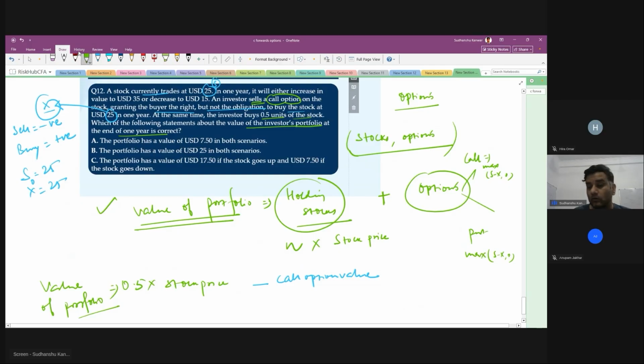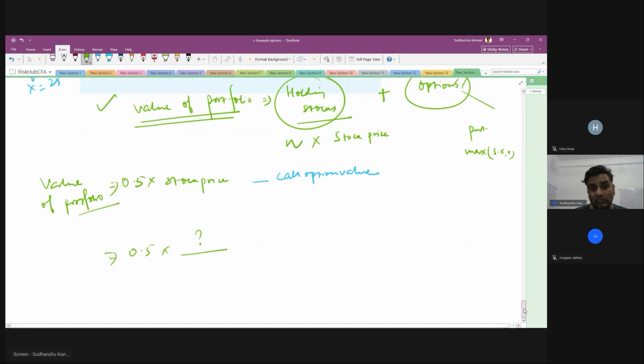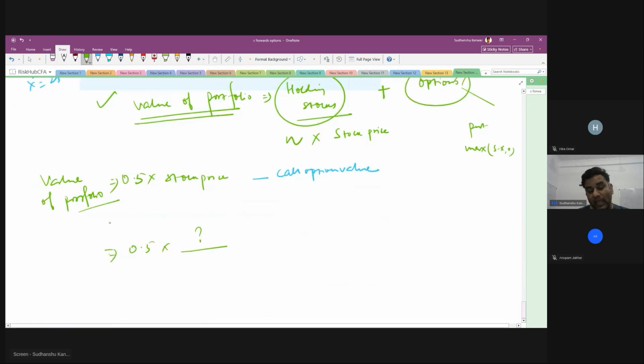So now, if I see the value of my portfolio, this part is clear to me, right? 0.5. Now the stock price I don't know. Why don't I know? Because the question is asking me 1 year from now. The question is not asking me the stock price today, because it is asking me the value of the portfolio 1 year from now.